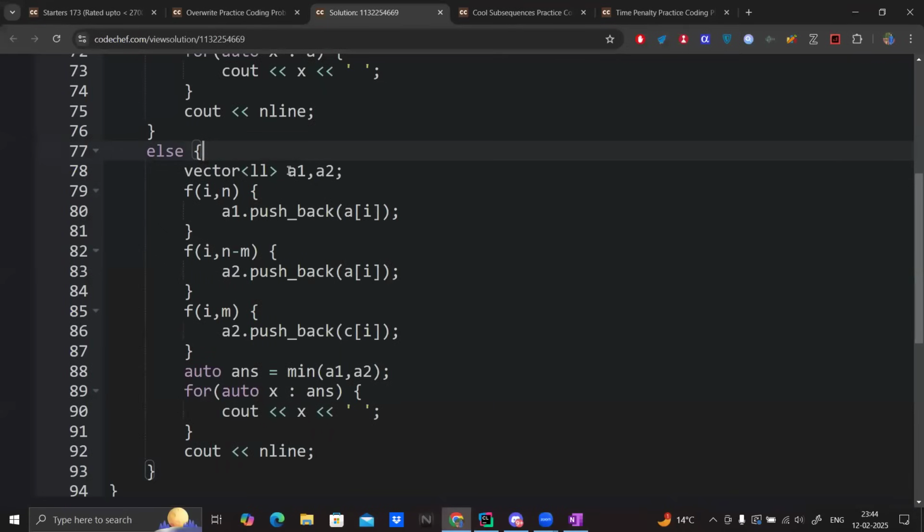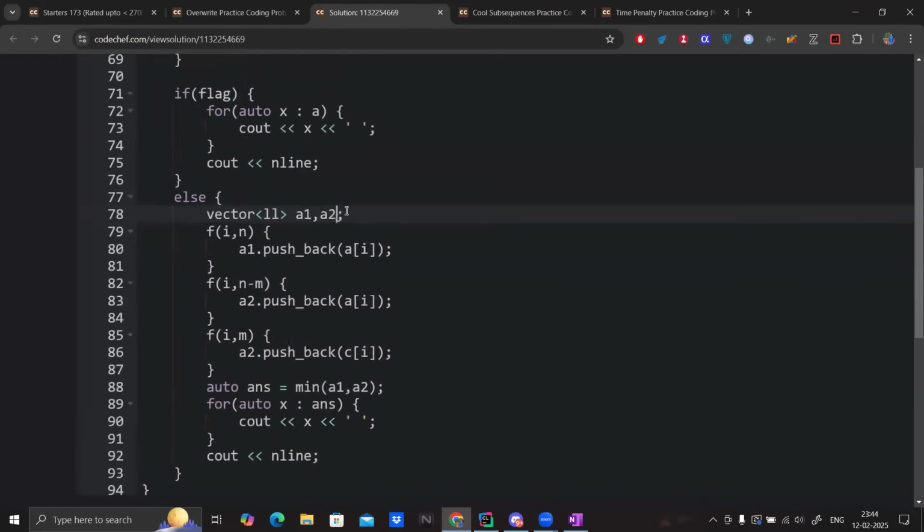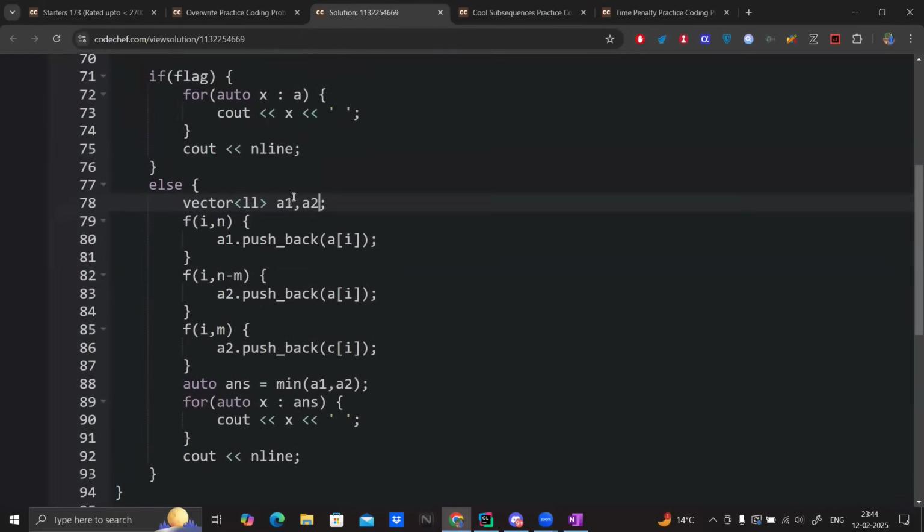So I just made these two vectors. A1 is just a, like initially what was the input a. So for int i equal to 0, i less than n, i plus plus, I push back a into a1. So this a1 is just a, and this a2 is what I get when I apply c at the end.